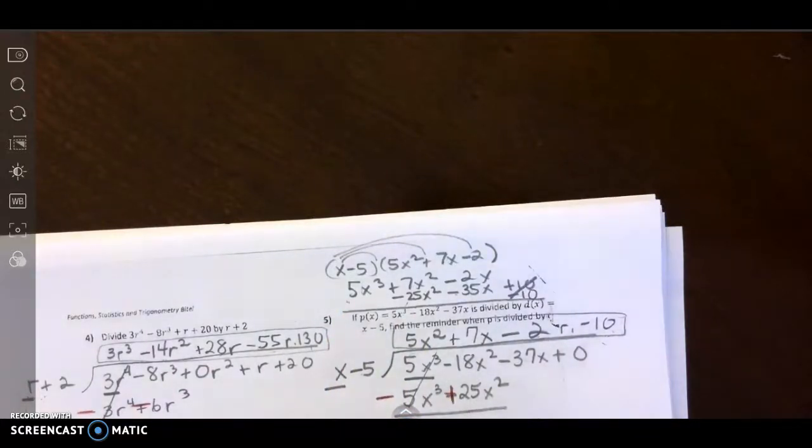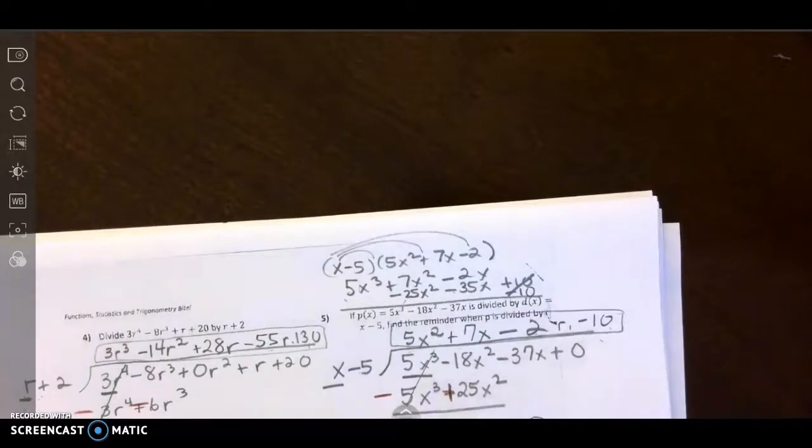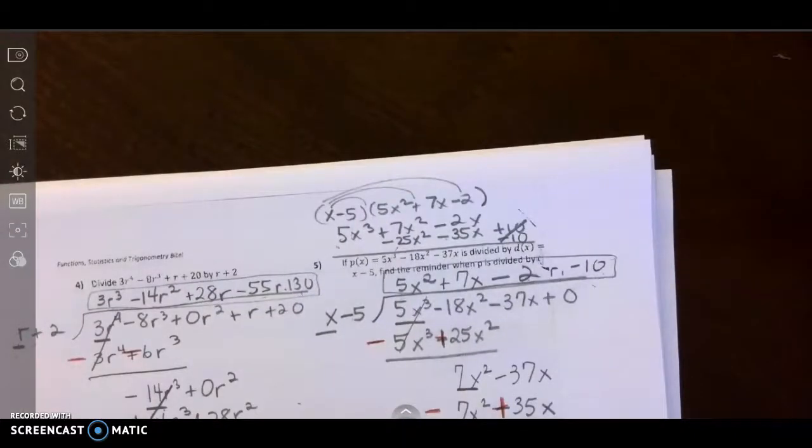The next example says, find P at 5. And I think what they're saying is P of x is your original polynomial right here. Find P at 5. In other words, put 5 in for x, so we're letting x equal 5.